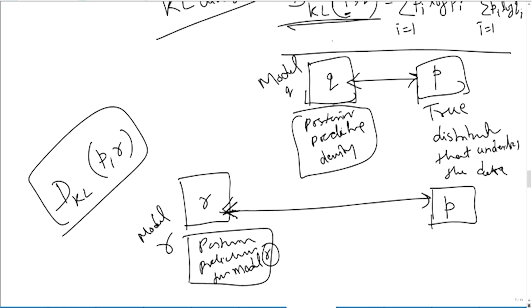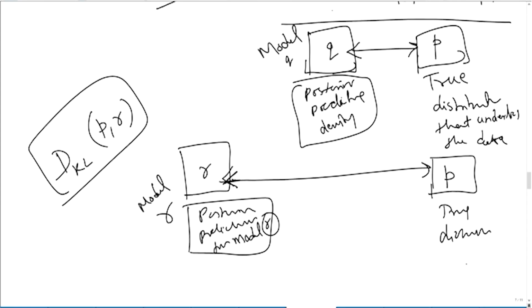So this distance is between the model Q and the true distribution P, and this is the distance between model R and the true distribution P. Okay. So although we do not know exactly what this true distribution P is, we cannot compute these absolute distances between P and Q and between P and R.